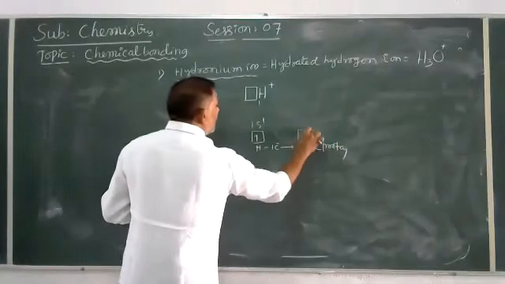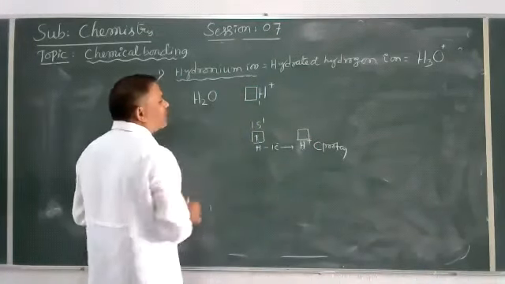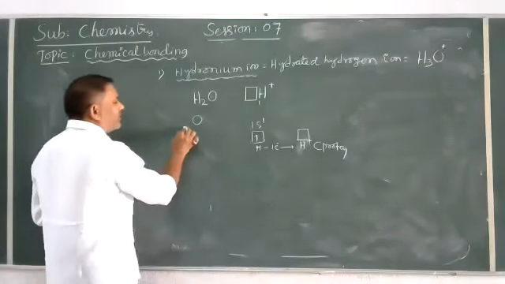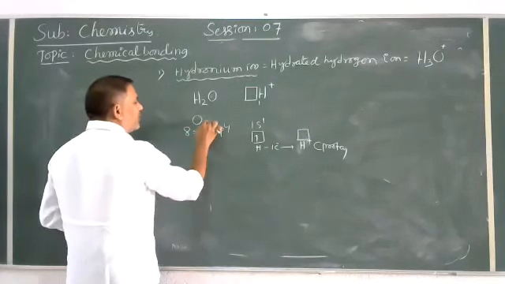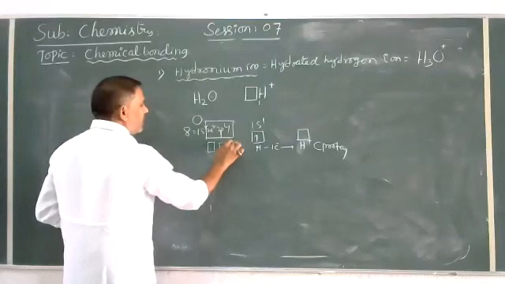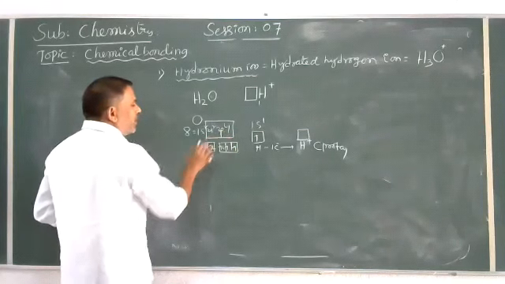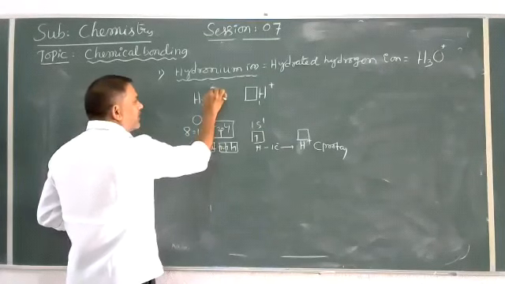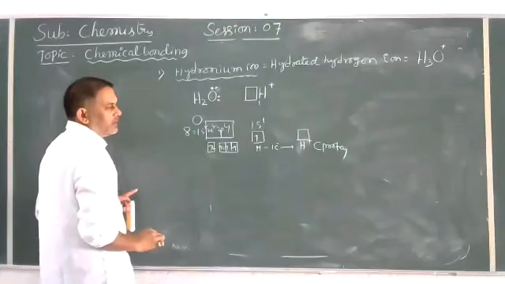Now the vacant orbital is there, so the proton is ready to receive electrons from other atoms. In the water molecule, oxygen, the central atom, has atomic number 8, with electronic configuration 1s2, 2s2, 2p4. In its outermost shell, 6 valence electrons are there. Out of these, 2 electron pairs are in 2s and 2p. Any one of these electron pairs is readily donated to the proton, forming a coordinate covalent bond.